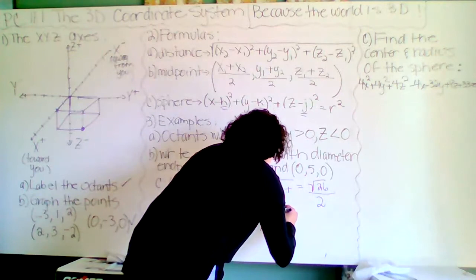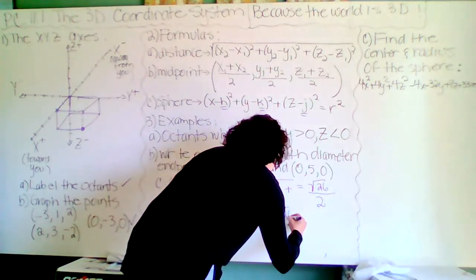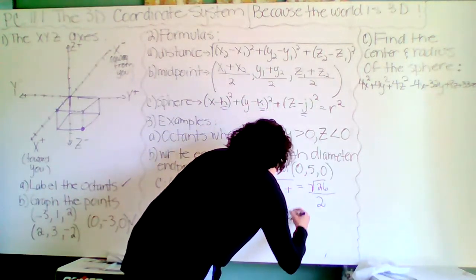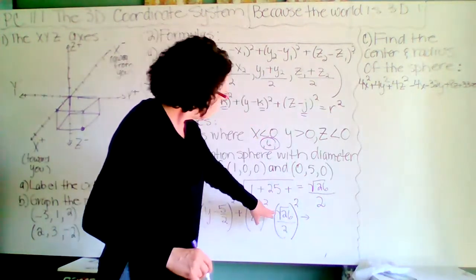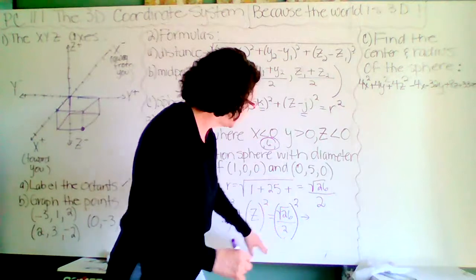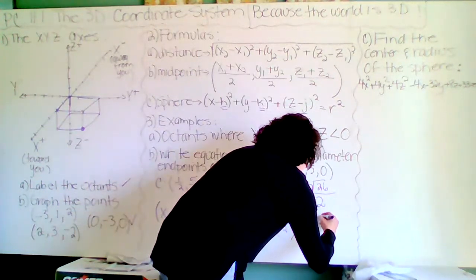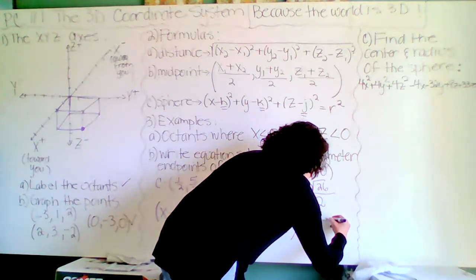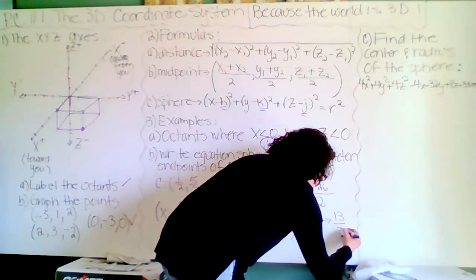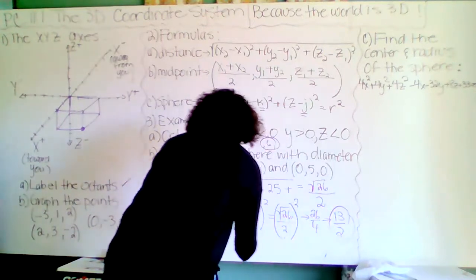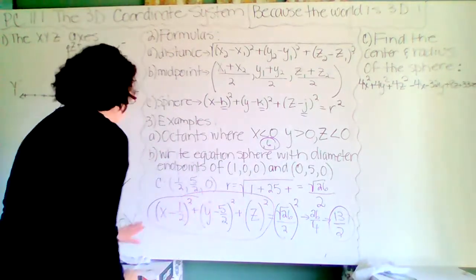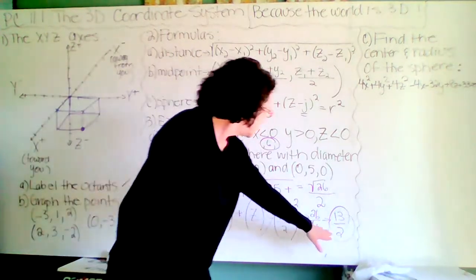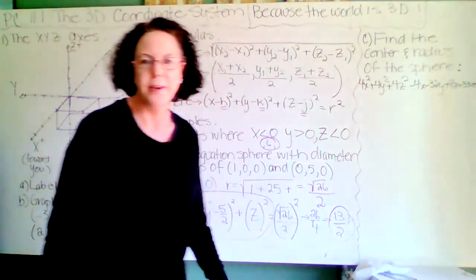So our radius squared is the square root of 26 over 2 squared. Notice when we square, we'll have 26 over 4 or 13/2. So here is the equation for our sphere, and it's equal to this radius squared.